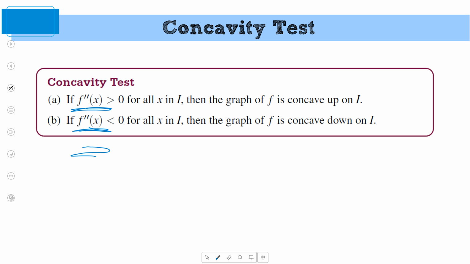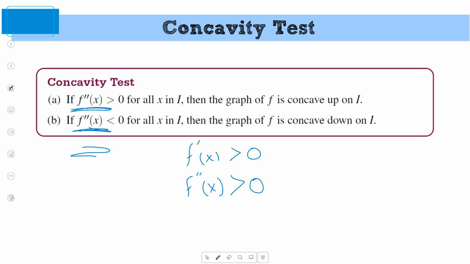Okay, so let's say, for instance, I have a function that has the first derivative being greater than 0 and the second derivative being greater than 0. If the first derivative is greater than 0, what does it tell you about the curve? Increasing.